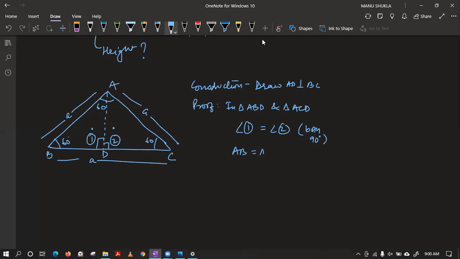It is given to us. Third thing is AD equal to AD, because common.